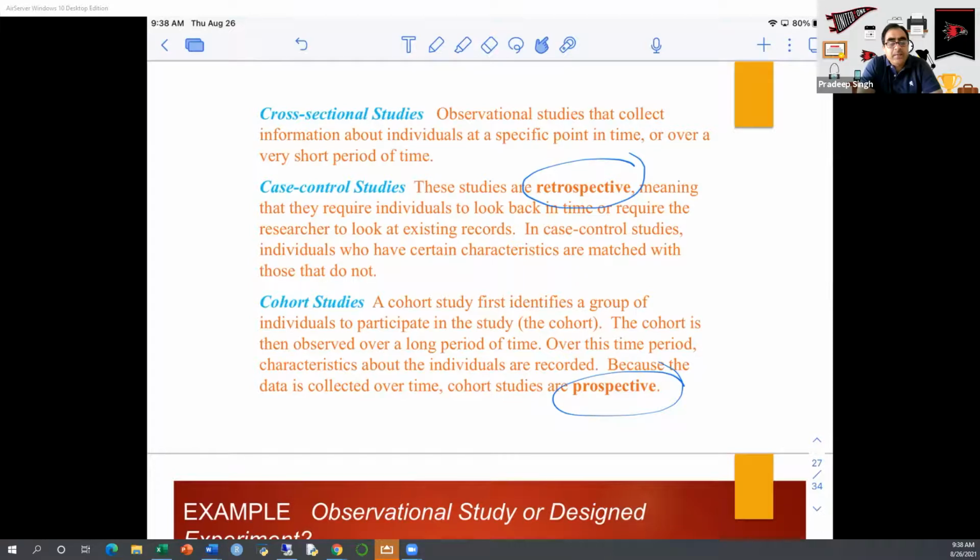So we can have 100 cases, that means 100 people who are admitted for stroke, and then we can have control, that means 100 patients who are admitted for some other reasons other than stroke, right? So we go there and look at some parameters like what was the blood pressure, whether they were diabetic or not, what was the cholesterol level, those kinds of things we measure, and then try to see whether there is a difference between these 2 groups, right? So that's called case control or retrospective, where we go back and look into the data in the past.